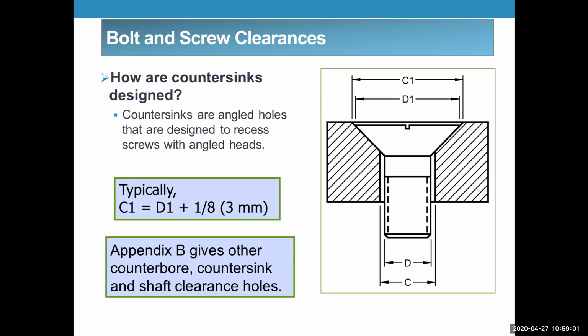So if you look at page B8 or B9, B8 gives you information on the head height and how to figure that, and the head diameter, considering the theoretical sharps, right?